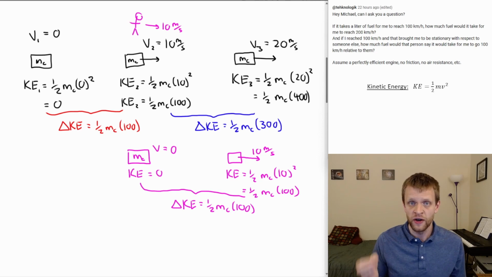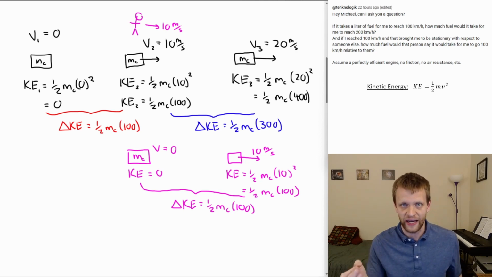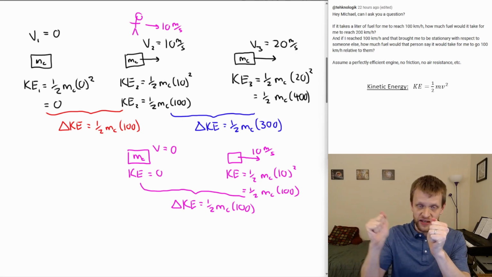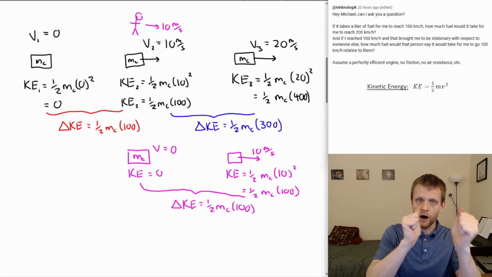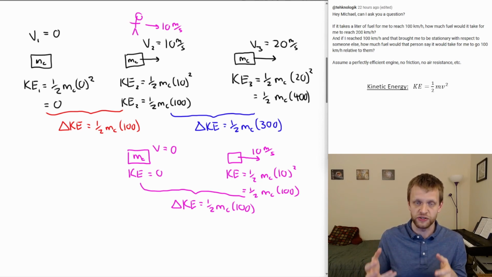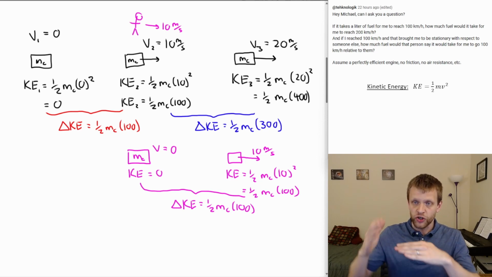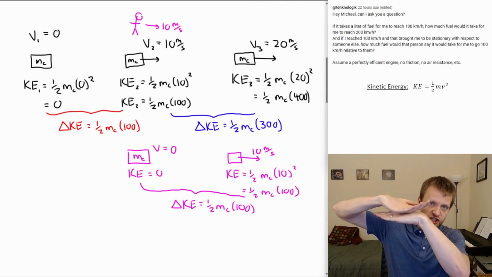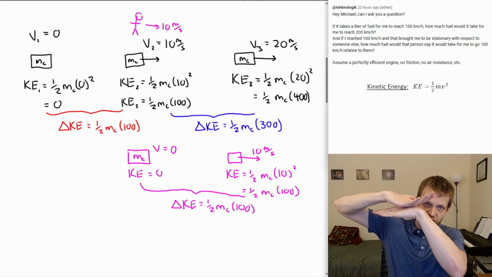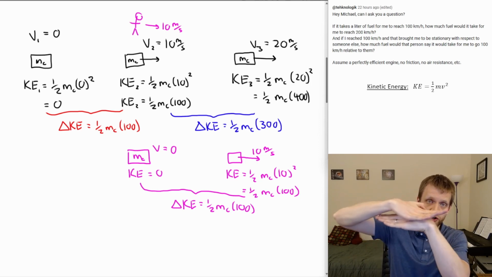This is one of Newton's action-reaction pairs. Newton's third law is: for every action, for every force, there is an equal and opposite reaction force. So if object A is pushing on object B, object B is pushing back on object A with an exactly opposite force, equal magnitude, opposite direction. So when the car's wheels try to spin, friction is causing the wheel to push backwards on the road, and the road pushes forwards on the car.